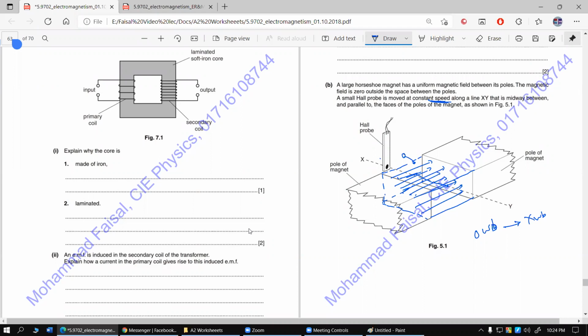Zero. Why? No sir, experiment. The reason is that as long as the coil travels through the magnetic field, it is cutting across magnetic field lines, but it is going from the same magnetic field strength to the same magnetic field strength. So you do not have any variation in magnetic field, right?